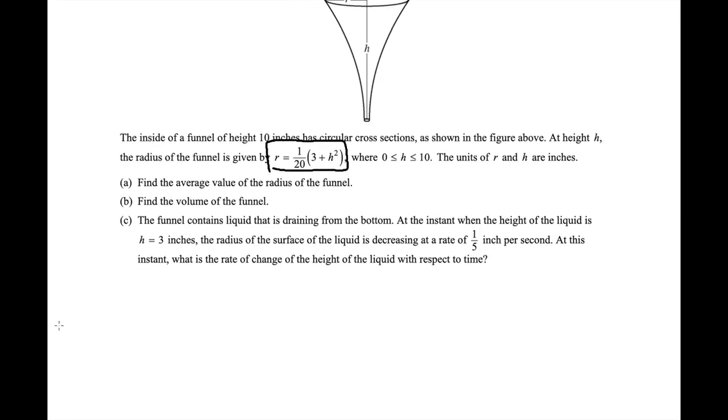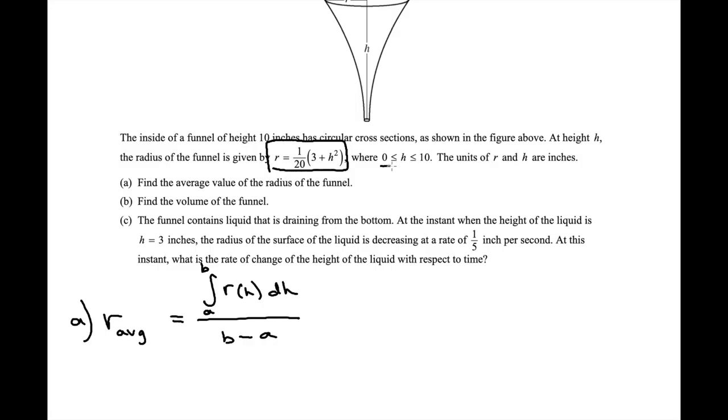So we're looking for average value, and that, of course, is given to us by the following formula. Average radius is basically going to be the integral from a to b of r of h over b minus a, where a and b are just our two endpoints for whatever interval we're interested in finding this average value over. We're interested in finding the average value for the radius across the entire height of the funnel, the entire length of it.